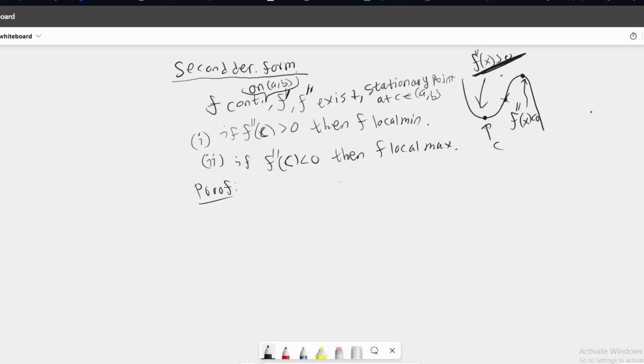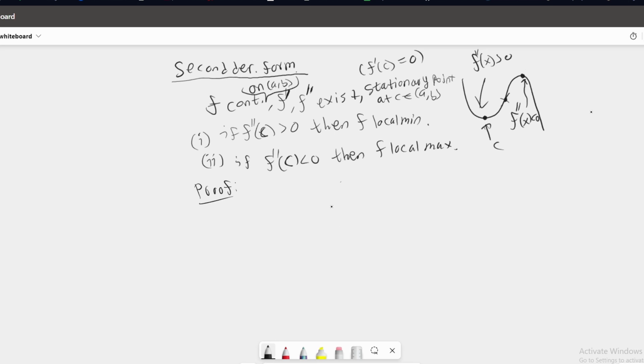But this point is not a stationary point, meaning the derivative at c is not equal to 0, so we know that this is not a local min. But if we do know it's a stationary point, we have a different situation.